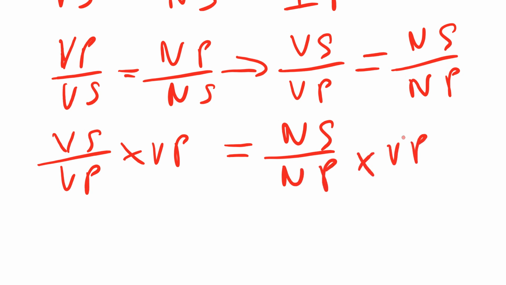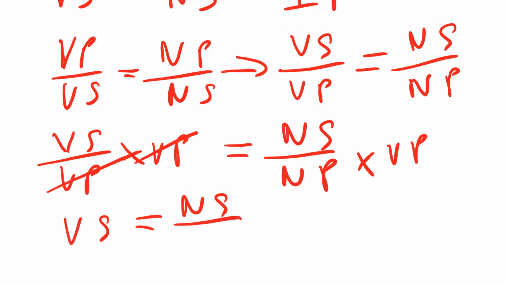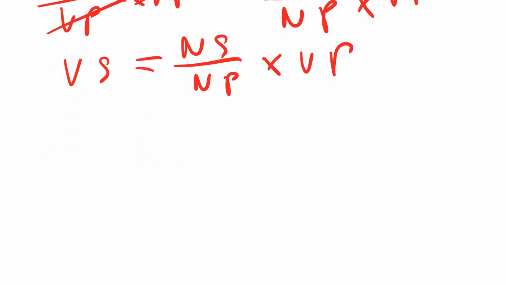And now what I can do on this side, because I've got to divide Vp and it times Vp, I can cancel. So the equation then becomes voltage secondary equals number of turns secondary over number of turns primary, times the voltage on the primary. Put in some numbers. So the numbers here from our question in part A was 300 turns on the secondary.